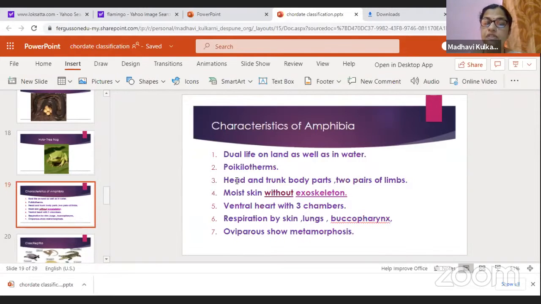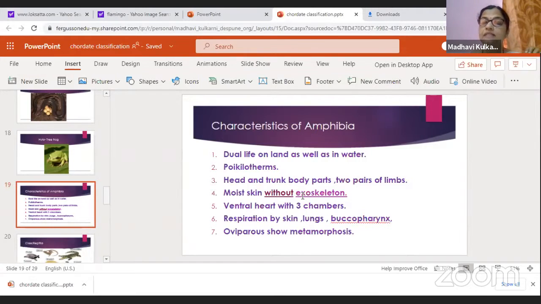In case of frog, generally the body is divisible only into head and trunk. There is no neck, there is no tail, only 2 body parts are there. The skin is always smooth without any exoskeleton, no scales, no hair present on the body of a frog.